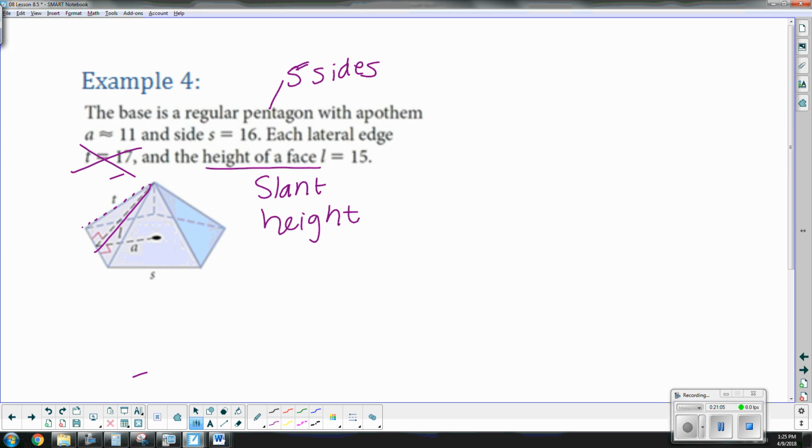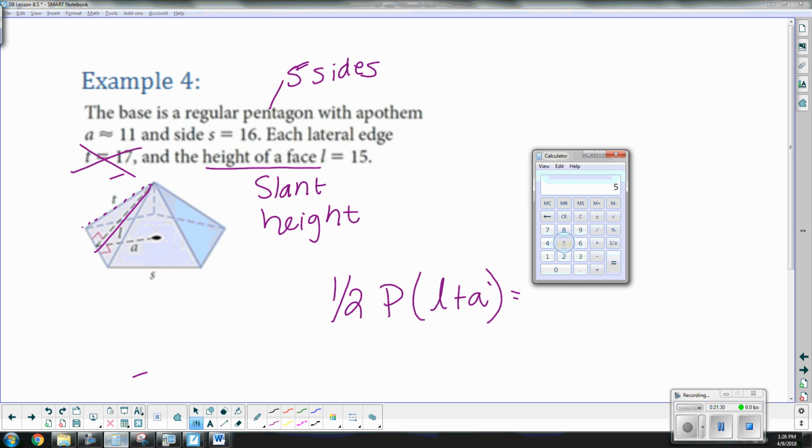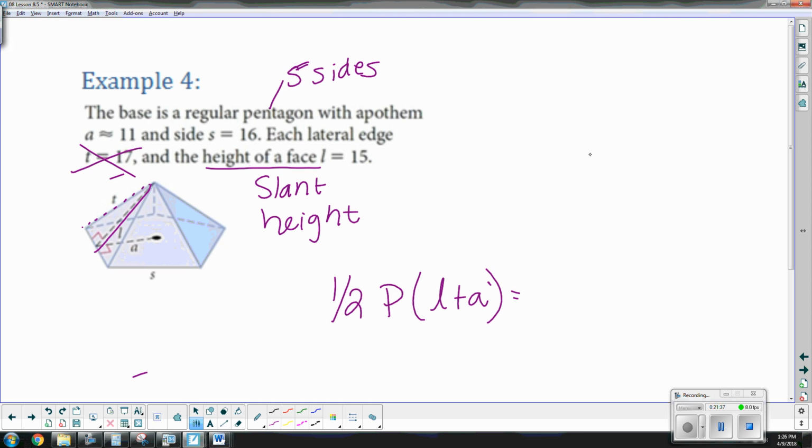We don't need that in order to solve this problem. So we're going to use the surface area of the regular pyramid, which is 1/2 times the perimeter times L plus A. So we know that it has 5 sides and each side is 16 units. So with 5 sides and each side is 16 units, that gives us a perimeter of 80.